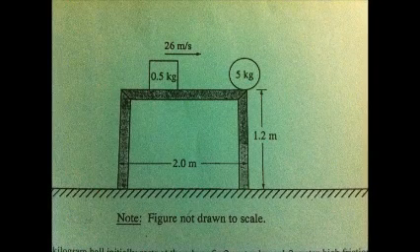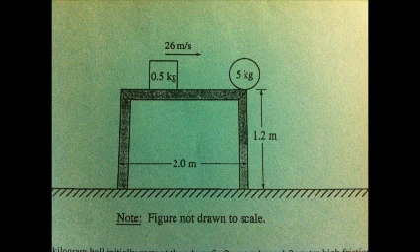Okay, so we have a block at 0.5 kilograms going at 26 meters per second, and we have a 5 kilogram ball at the end of a table 1.2 meters above the ground.